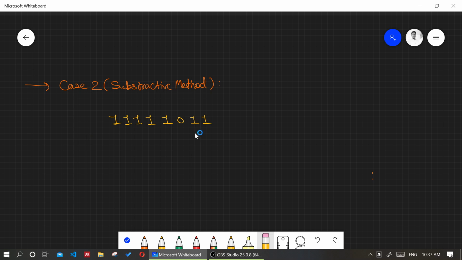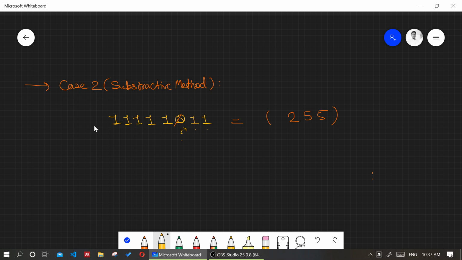If you compare this number, what is the difference is at this place value. If at this place value the number was 1, then the value would become 255. Now since there is a 0, we can simply subtract this value. This is 2 raised to the power 0, 1 and 2.